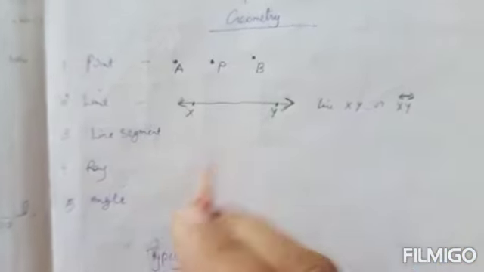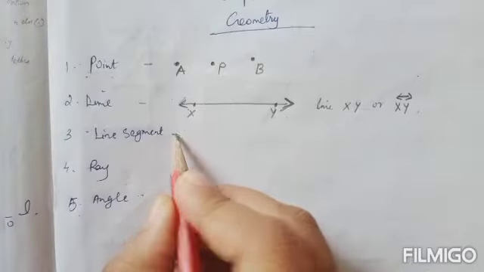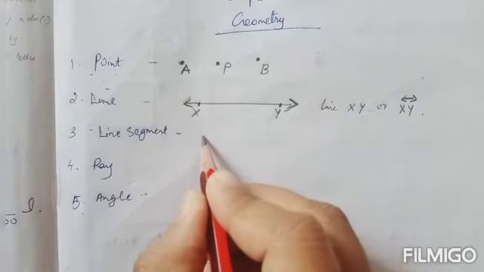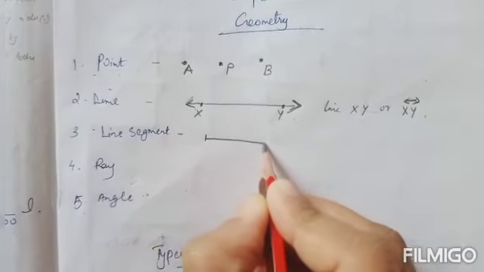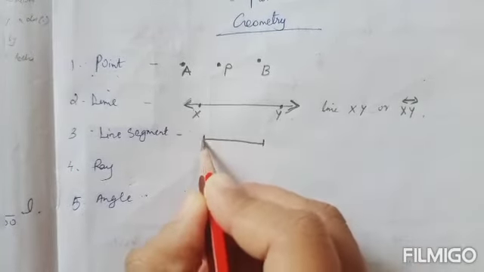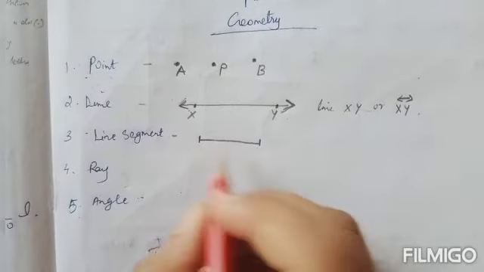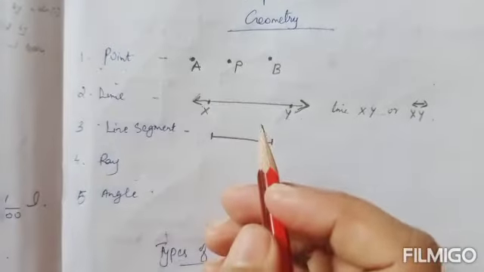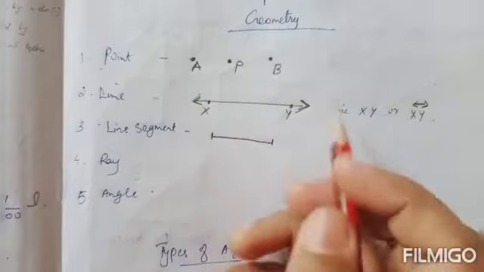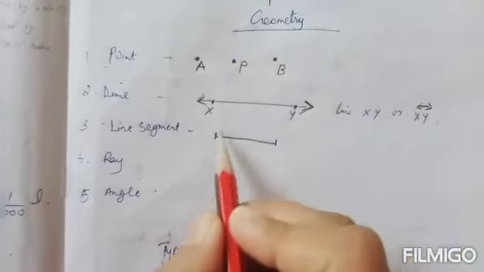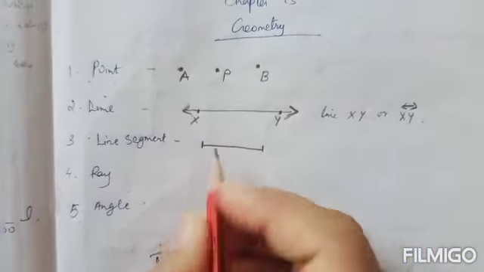Next, line segment. Line segment means it is a part of line. Part of a line is called a line segment. A line segment will have 2 endpoints. A line has no endpoints. It will go endlessly to both sides. But a line segment has 2 endpoints.